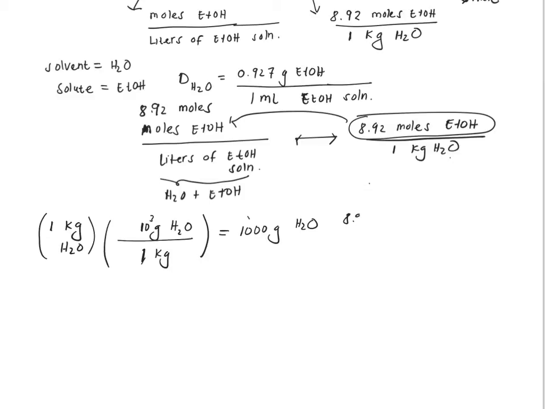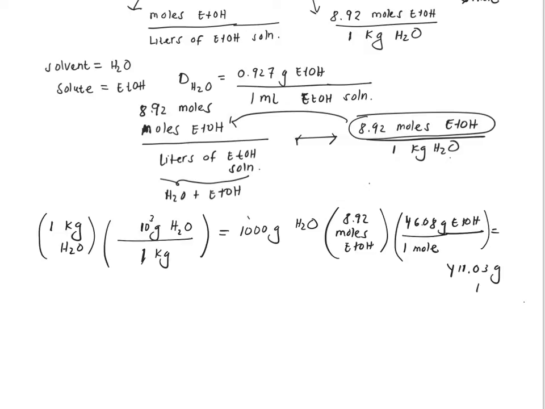We have 8.92 moles of ethanol. We can determine the grams by multiplying by the molar mass, which was given in the problem. So this gives us 411.03 grams of ethanol.